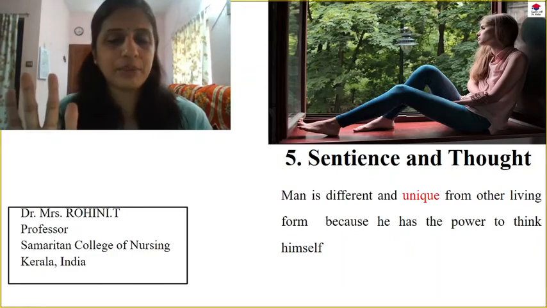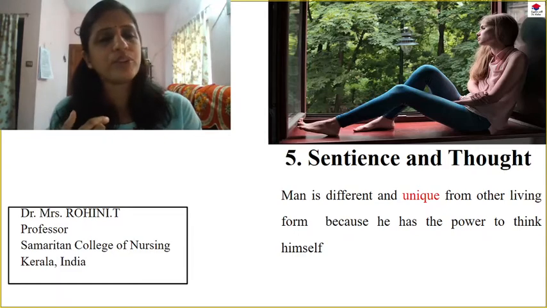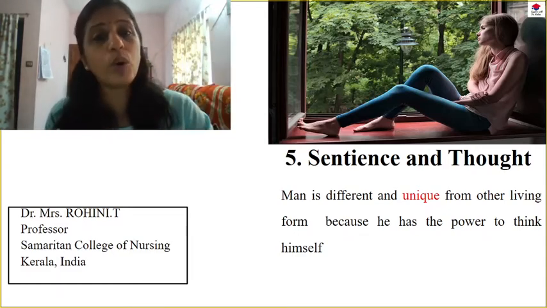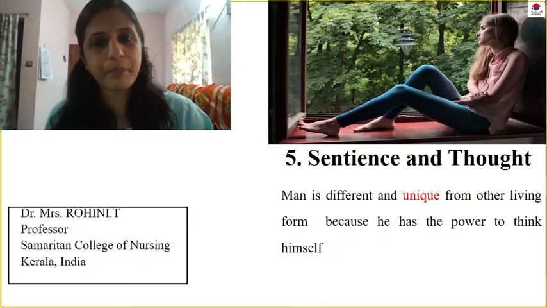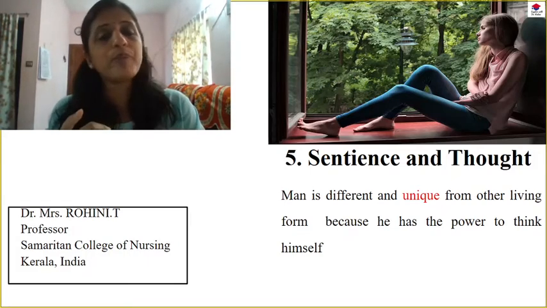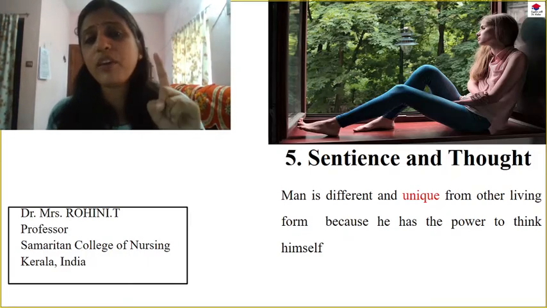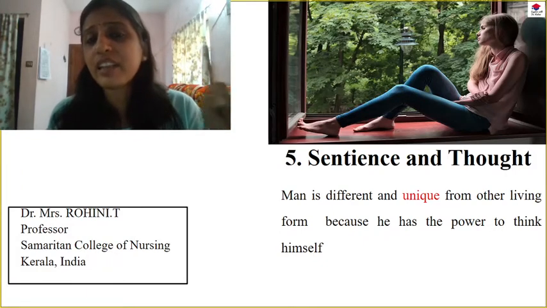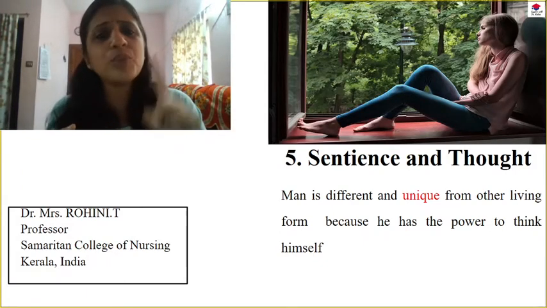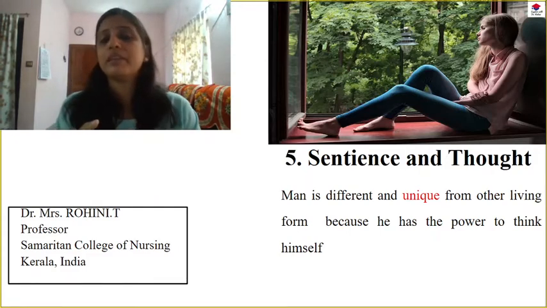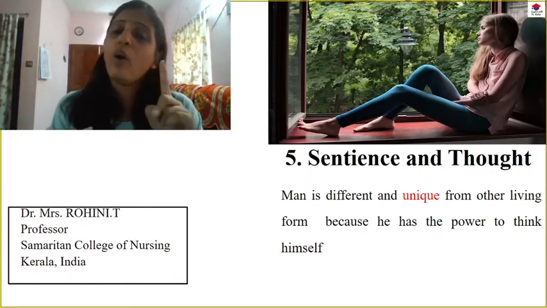Next, 5 assumptions. What is the first assumption Roger had? This person is whole, more than the sum of parts, different from the sum of parts. He is having his own characteristics. Don't look only at the body parts. Wholeness. Number 2, openness. This person is always in constant interaction with other people and with the environment. Things will change because this person is having openness.